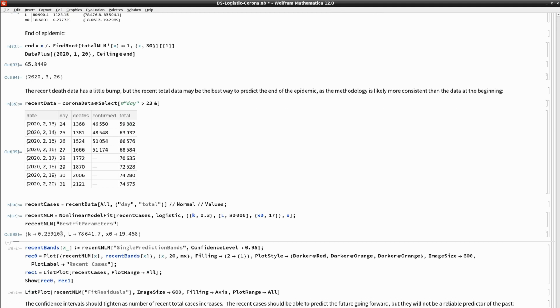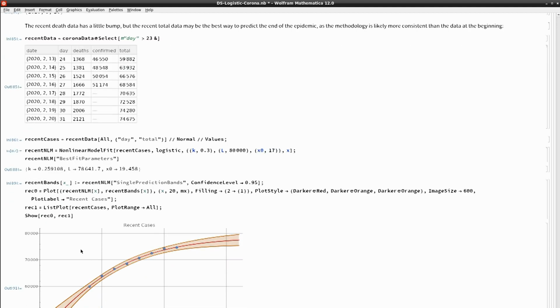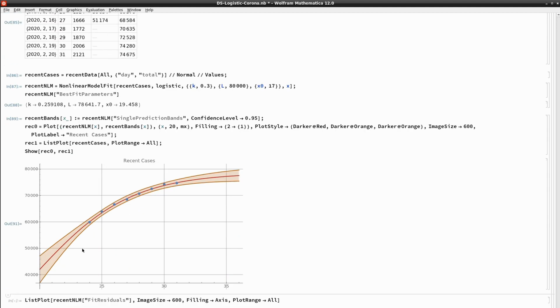So we're getting somewhat different parameters. K is now 0.26, L is lower, L is now 79,000, but the midpoint is still similar to what we had before, 19.5.